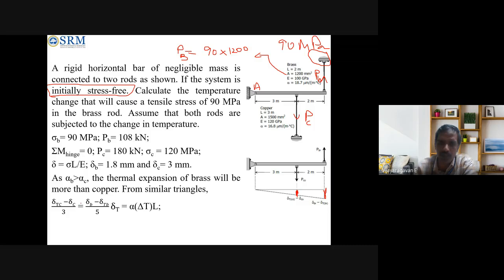The thermal expansion is alpha TL. From this, you calculate what will be the delta T value. Work it out.